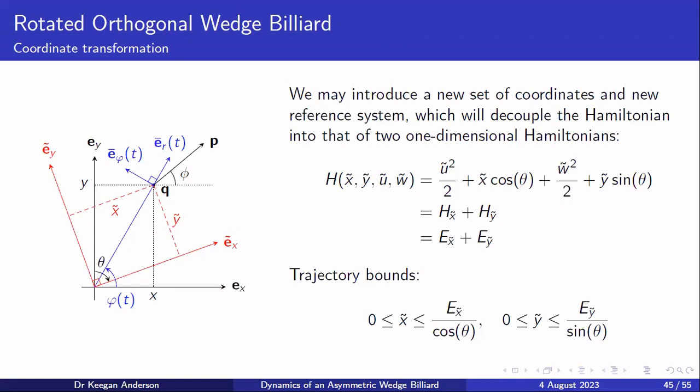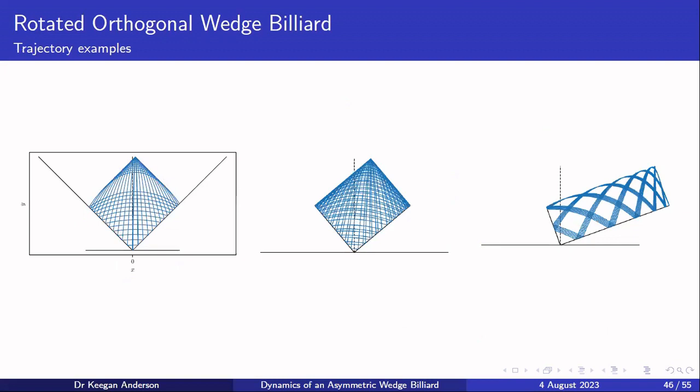And in this decoupling, in the limit of the particle being close to one wall or the other, you get these trajectory bounds, which I've written in the last two inequalities at the bottom. It's nicely illustrated if we look at these physical trajectories.